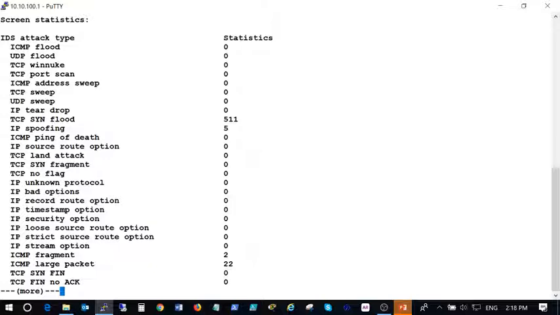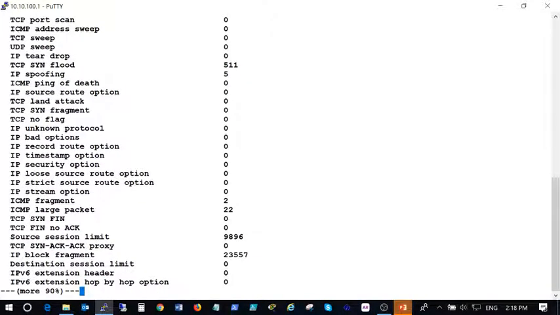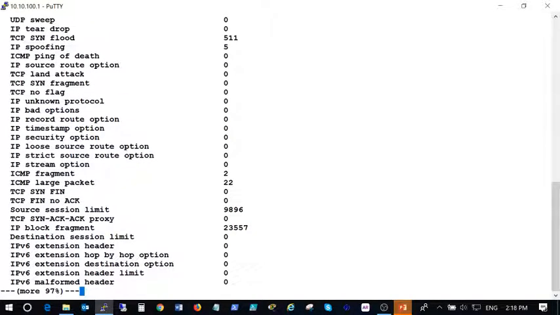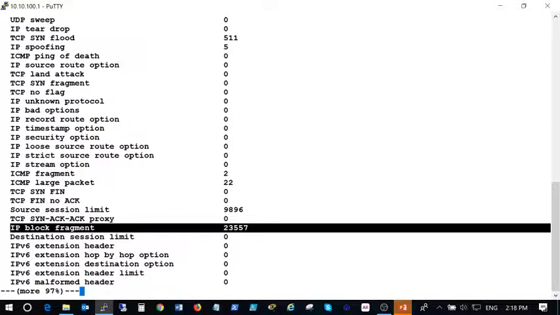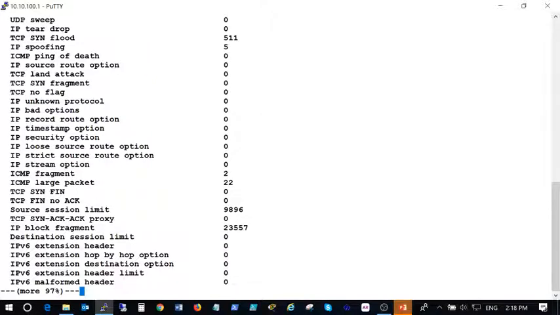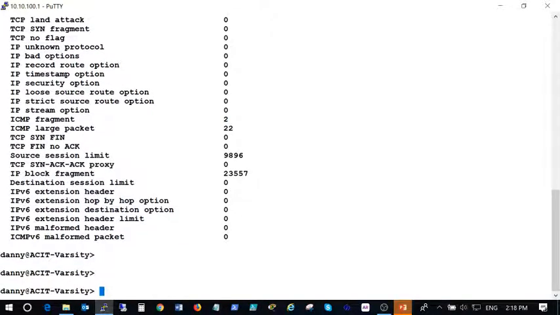There's no reason for it. Source session limit: we've exceeded our limit a fair bit. We've also got some fragmenting problems where we've exceeded the limits that we've set. So we have captured and detected a few things that are going on there.